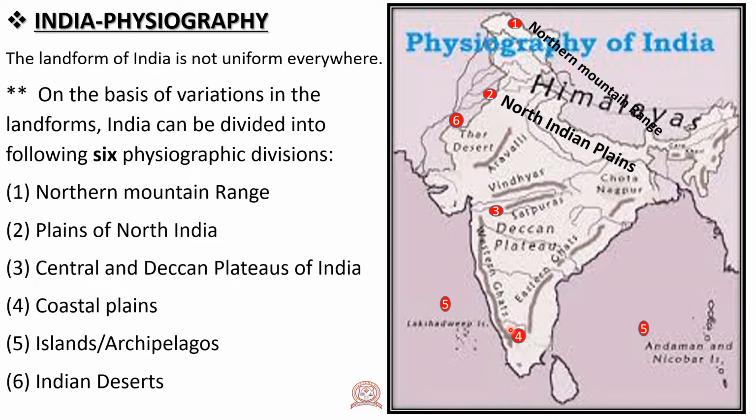Fourth, coastal plains, the western coastal plain and eastern coastal plain. Fifth, islands or archipelagos, the Andaman and Nicobar Islands and Lakshadweep. And sixth, Indian desert, that is Thar Desert.